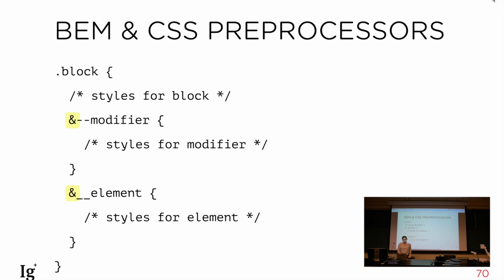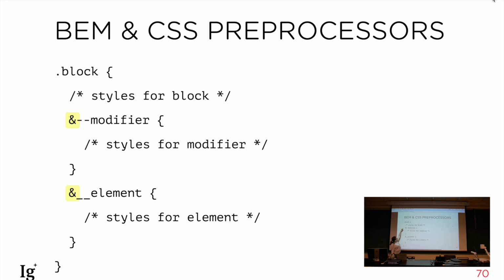And there is no need to write these long CSS classes, because if you are using preprocessors like SASS or LESS, they already know what is BEM because it's a very popular concept. And in SASS or LESS, you write like that.